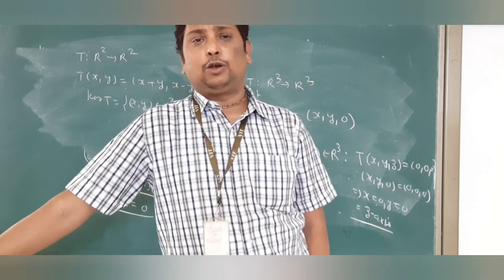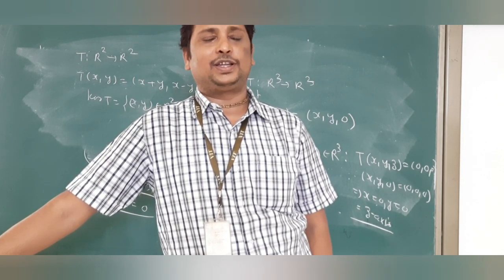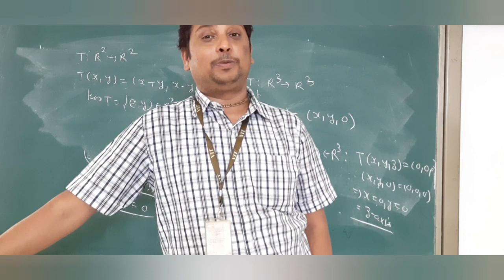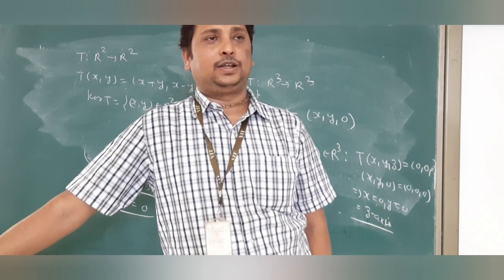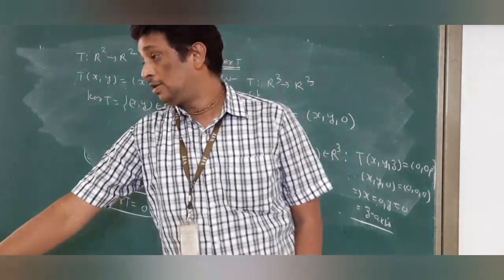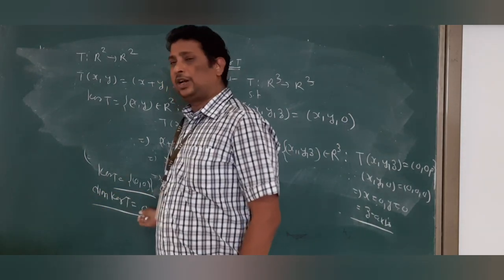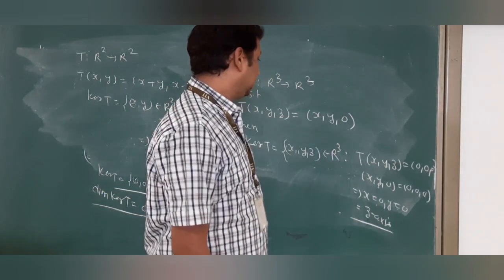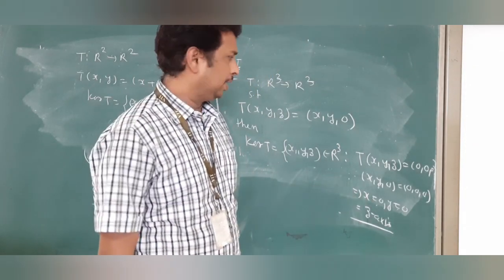So 0, 0 cannot form a basis, because any set which contains the 0 element is a linearly dependent set, not independent, and a basis must be independent. So that's why a basis is not formed. So basis contains no elements. Dimension of kernel is 0. And what is the dimension in this case? Think it and do it.